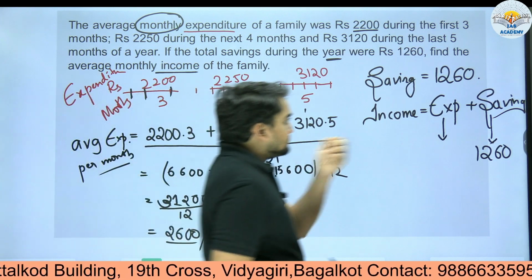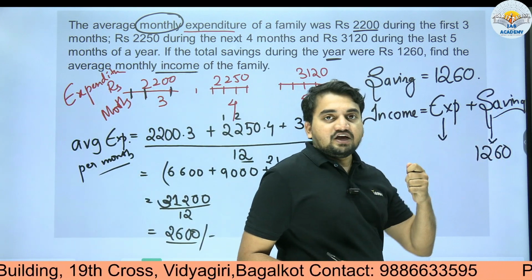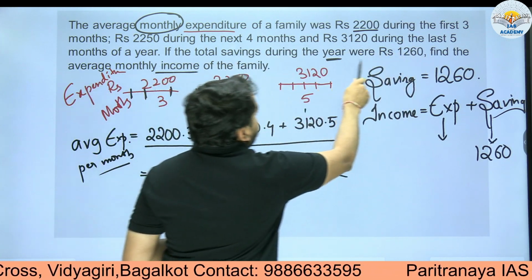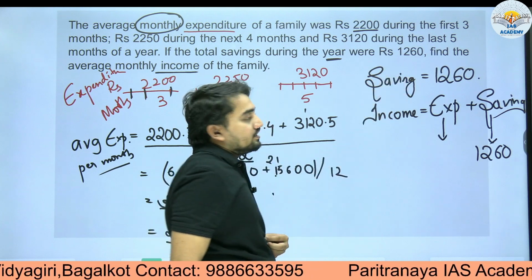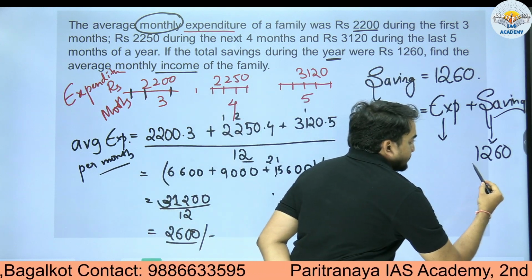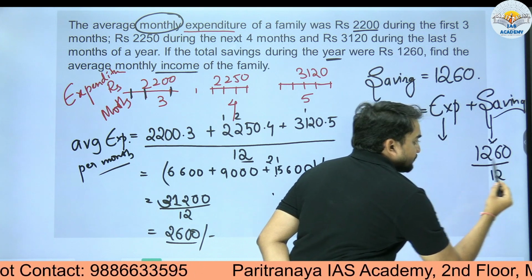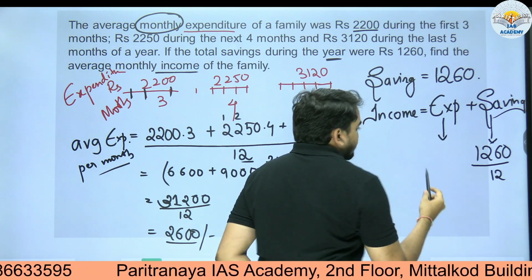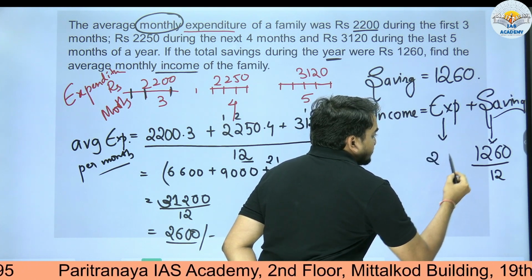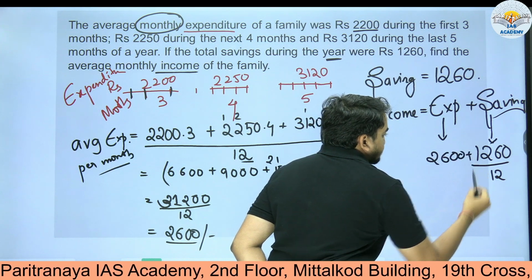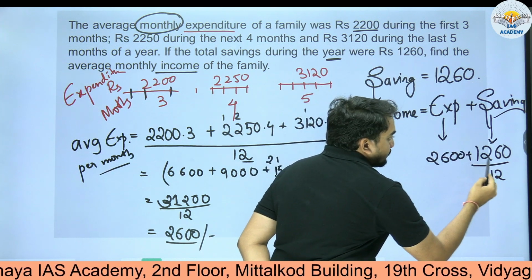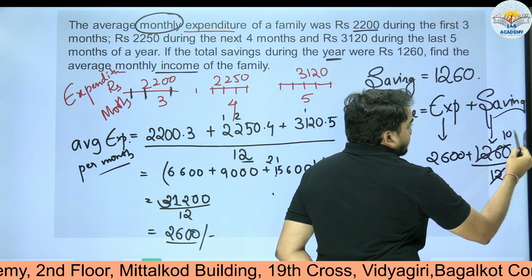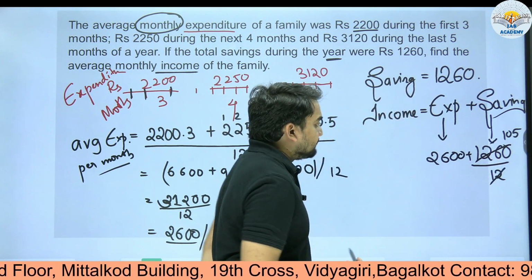So here you can see that the saving is given for the whole year. If the total saving during the year were rupees 12600, what I should do here is divide by 12 to find saving per month. Further, expenditure per month is given. We found it as 2600. When we divide 12600 by 12, it is 105.